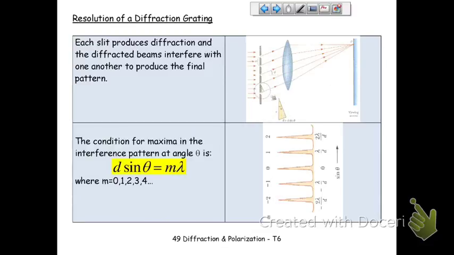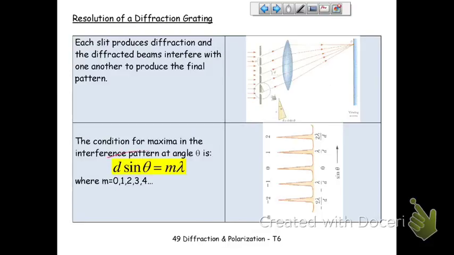So I get this idea like I had before where I had fringes, but they're now very intense fringes because there's so many of them. I've not got 2 little things letting light through, I've got 1,000 little things letting light through. I get the interference effect, but I get it really brightly.